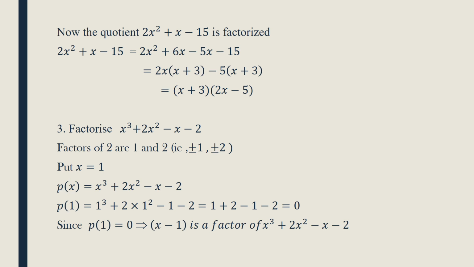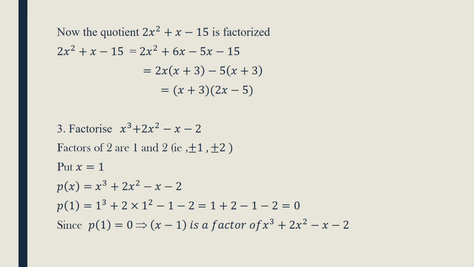And writing the middle term as 2x square plus 6x minus 5x minus 15, we can take common factor 2x. We have 2x into x plus 3 minus 5 into x plus 3, which gives x plus 3 into 2x minus 5.